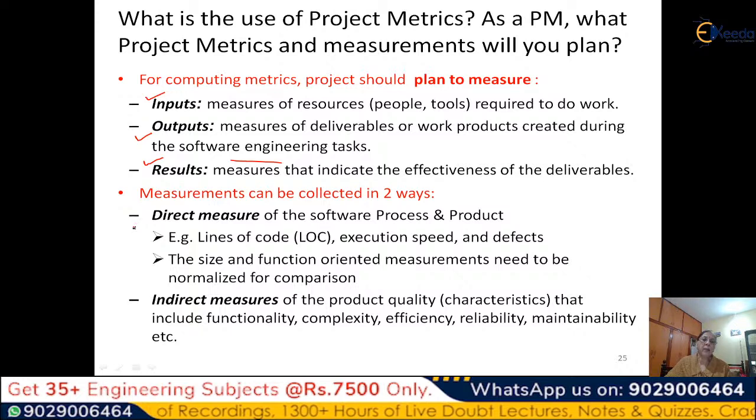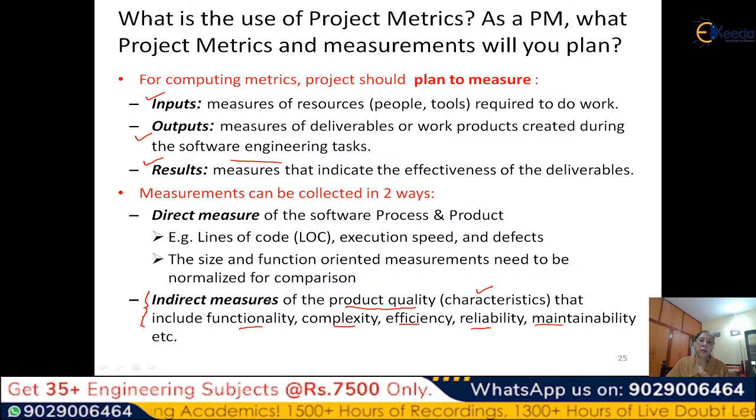And we can take direct measures like lines of code or function points or hours, and we can normalize them. Or we can take some indirect measures, that means some formula of something we have measured. So especially for product quality, all the product quality characteristics are taken and a type of formula is arrived at to determine it.